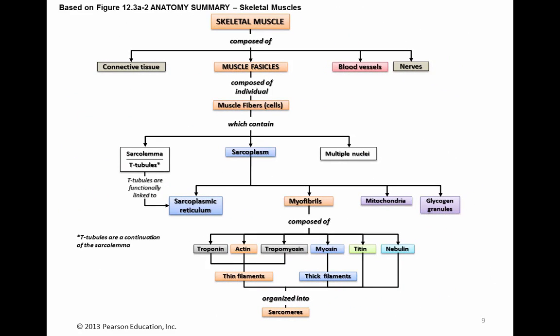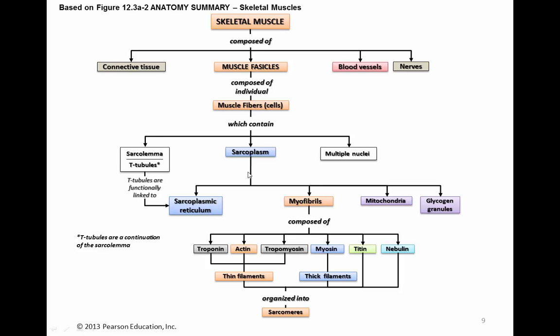Now, that's a lot of information about how skeletal muscles are put together in terms of the structure of the cells and the structures of the sarcomeres and the myofibrils. And one way to keep it straight is to build yourself a flowchart. This is the flowchart recommended by the textbook, which starts with skeletal muscle and shows that it's composed of fascicles, and that in each fascicle you have individual muscle fibers or cells.